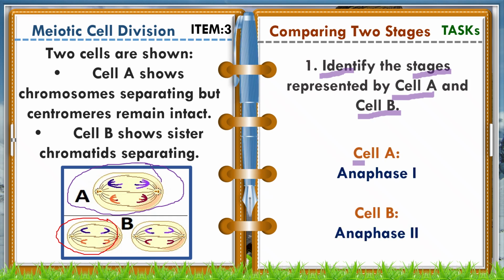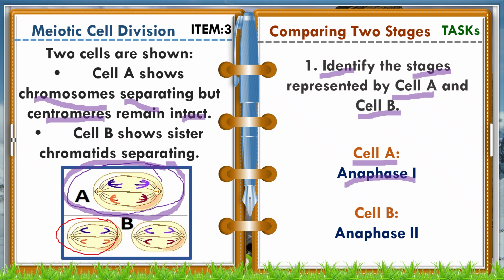Cell A is represented by anaphase 1. And what is happening in cell A? We said that in cell A, the chromosomes are separating, but the centromeres remain intact. The chromosomes are going to different poles, and when they do, the chromosomes separate but their centromeres remain attached.